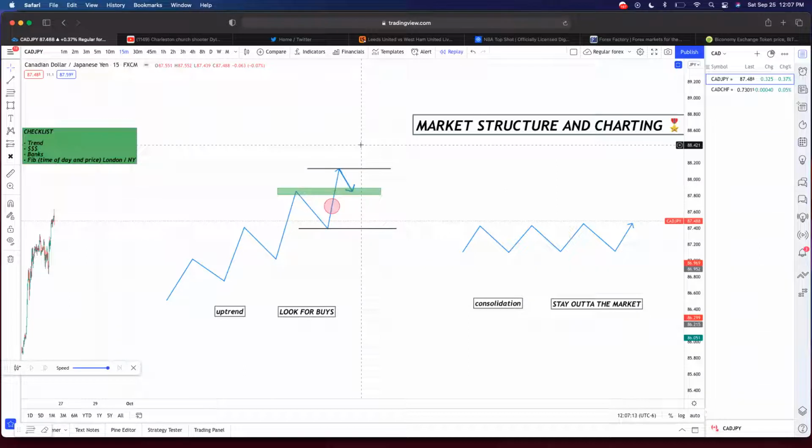You want to take setups that are most likely going to hit your TP. So if you're entering a trade at 10 a.m., you know for sure you're entering when the 1 hour candle has closed.